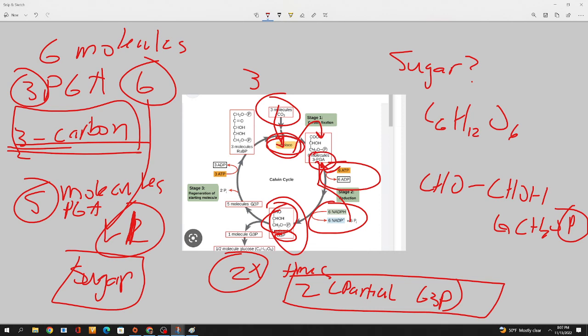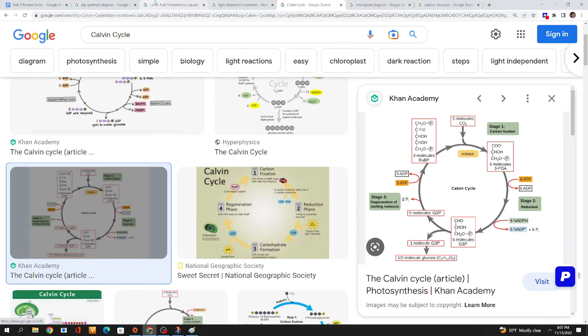And out of those 6 PGA molecules, as you reduce them, as you add the NADPH and the ATPs to it, you're only going to be able to use 1 out of the 6 molecules as a form of sugar, and the 5 others become Rubisco eventually through a process called regeneration. And after they regenerate, the cycle happens another time, with another 3 molecules of CO2, creating another 1 molecule of G3P, which is in total 2, okay? That's really the Calvin cycle.